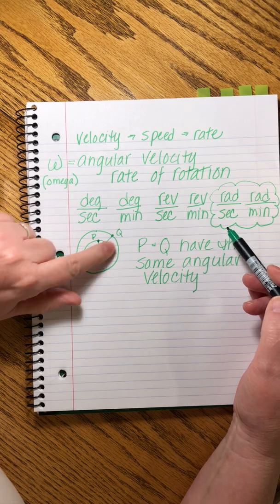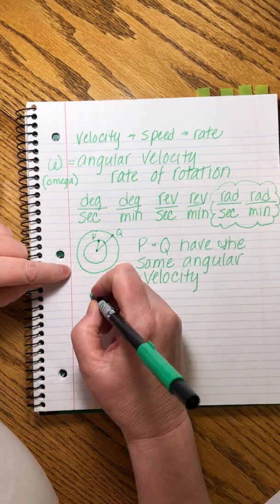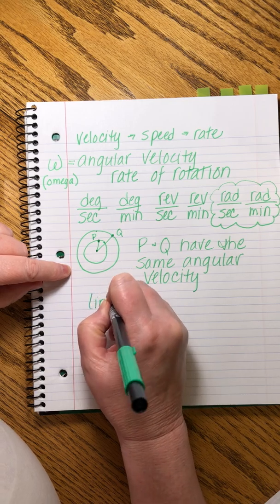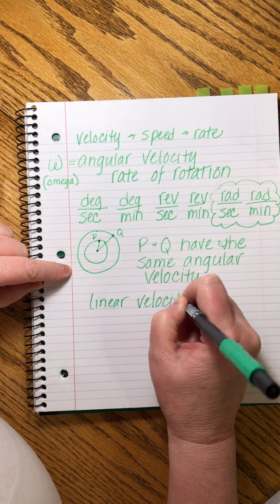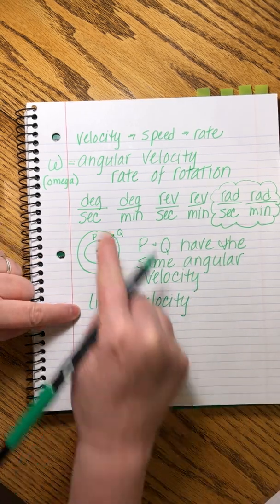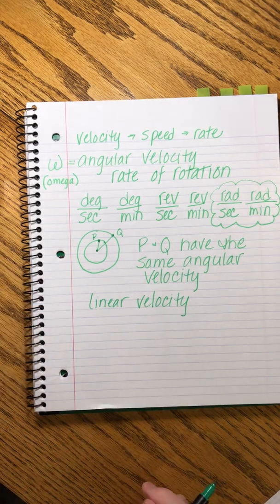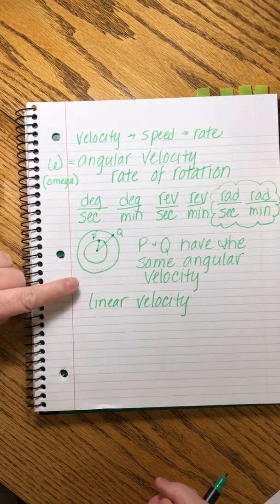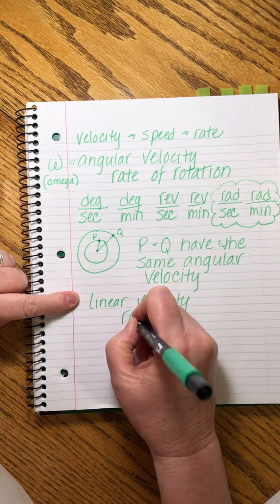What we're talking about when we say the one farther out goes faster is what we call linear velocity. I don't entirely understand how these words were chosen, linear and angular, but just work with me. Linear velocity means the rate of travel.